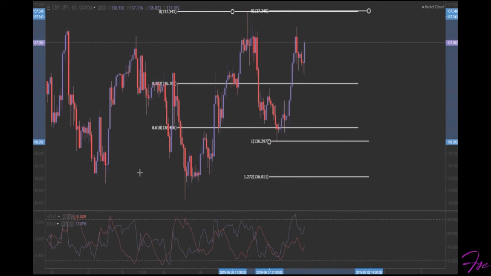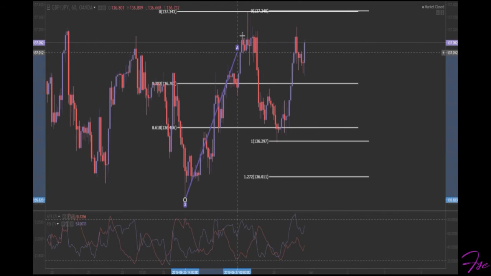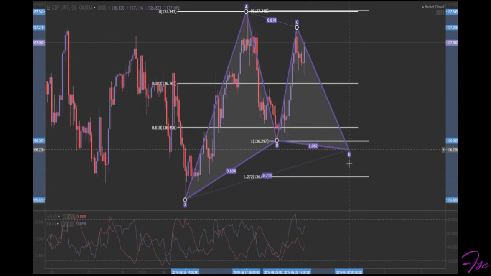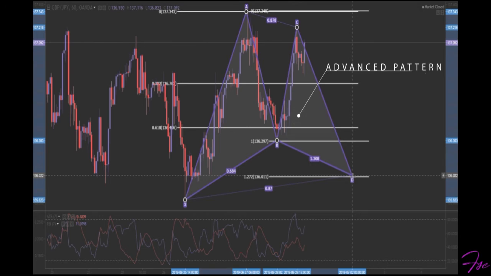If price does come down, you've got a bullish Gartley setting up nicely at 136.01s. So that's B to C and CD completion at 136.01s. Once again, draw your Fib levels for targets.